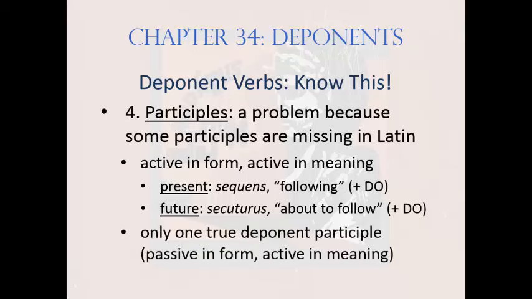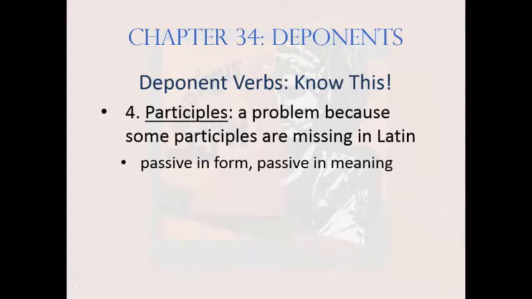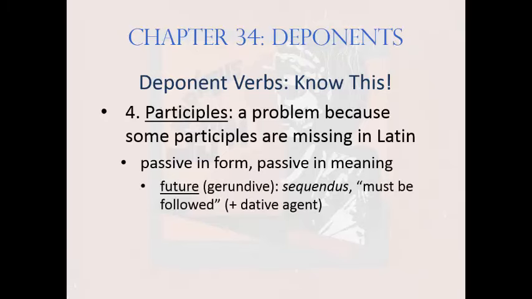Only one participle is a true deponent, the perfect passive participle, having followed, secutus, for instance, and it's also followed by a direct object. The last participle is passive in both form and meaning, the gerundive, in this case, sequendus, must be followed.